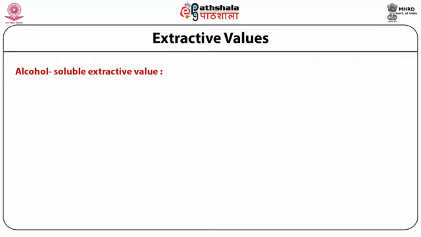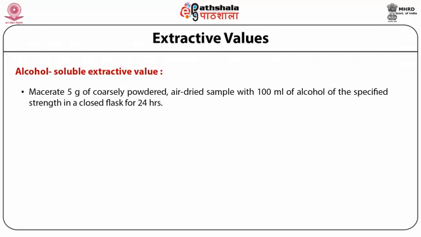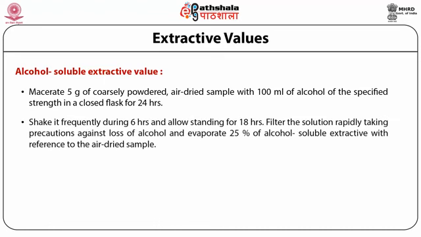As we can see for alcohol soluble extractive value, a sample is coarsely powdered and then extracted with alcohol for 24 hours. For the first 6 hours it is intermittently shaken and allowed to stand for the next 18 hours. The sample that is collected is evaporated to dryness, and the residue that you get makes the alcohol soluble extractive.